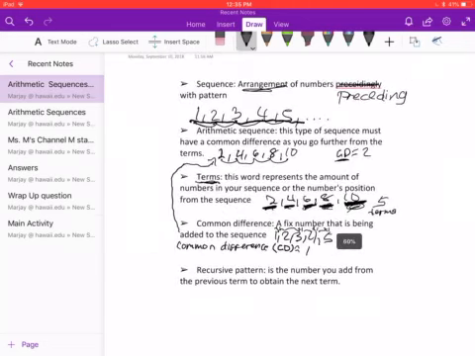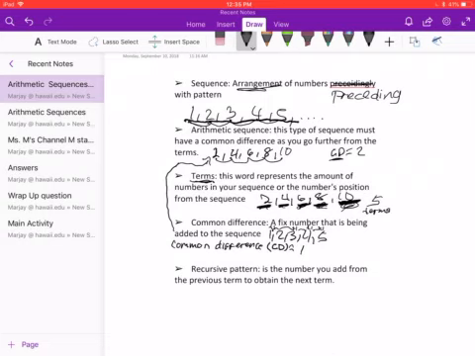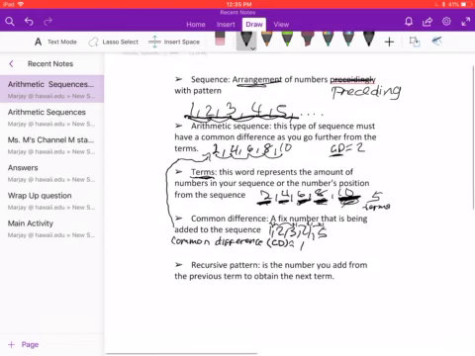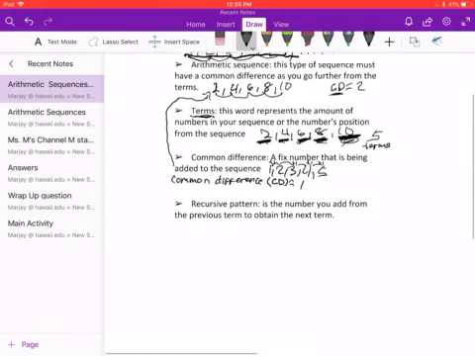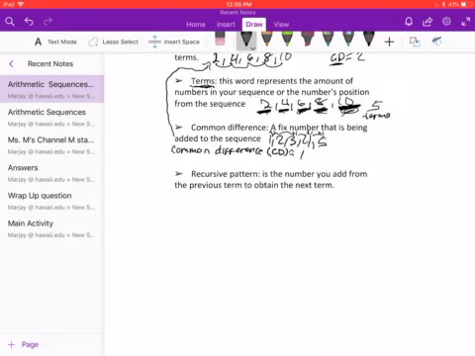Let me just zoom this out so that you guys can still see the definitions from the rest. Okay, so recursive pattern is the number you add from the previous term to obtain the next term.